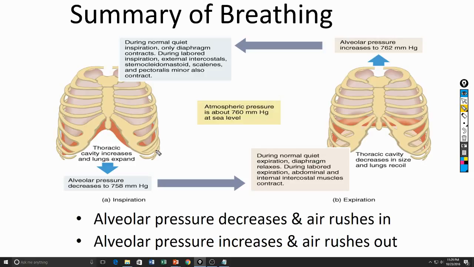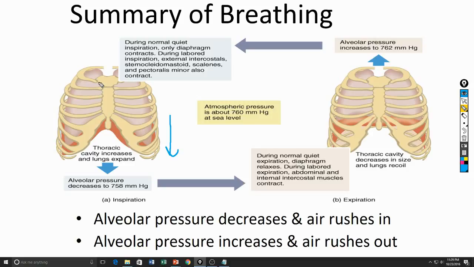When you want to inhale, or inspire air, the diaphragm pulls down, and when it does, the lungs are expanded.